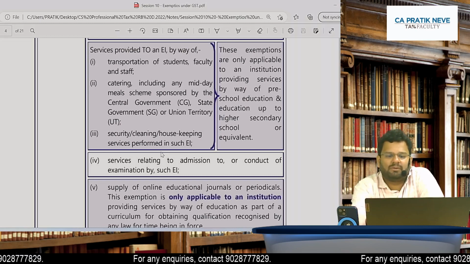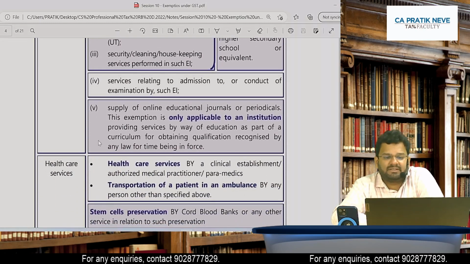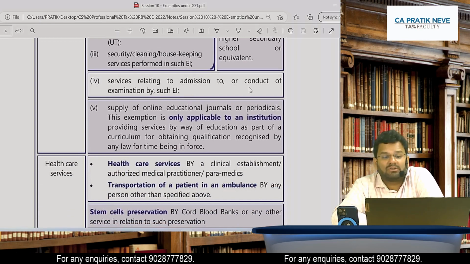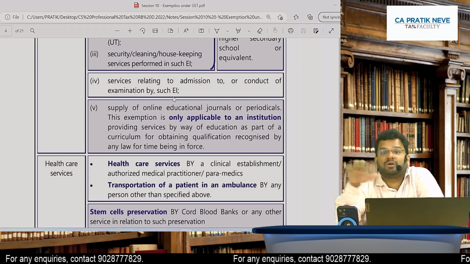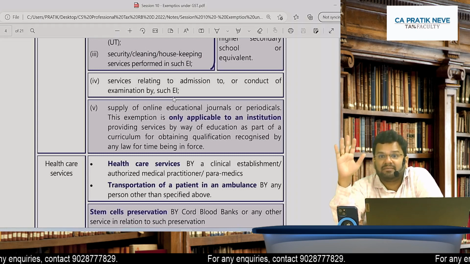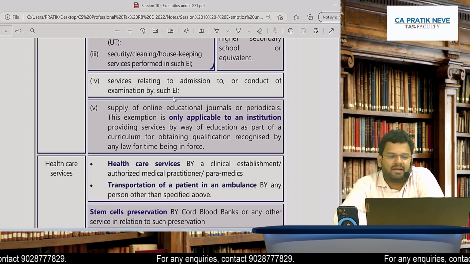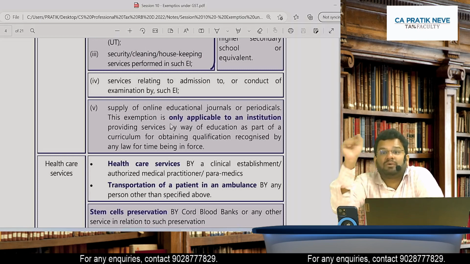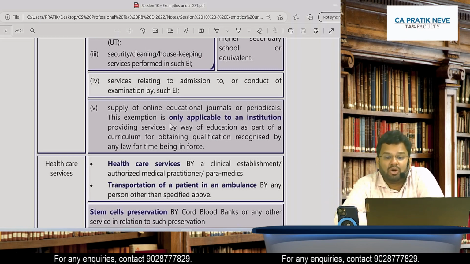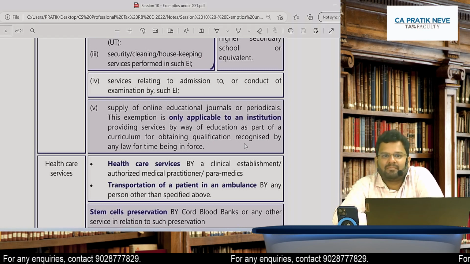So this all will become exempt. Then services relating to admission to or conduct of exam by such education institution, means here any of the three categories. And lastly, supply of online educational journals or periodicals. Now this inward supply will be exempt only when given to colleges. Agreed?